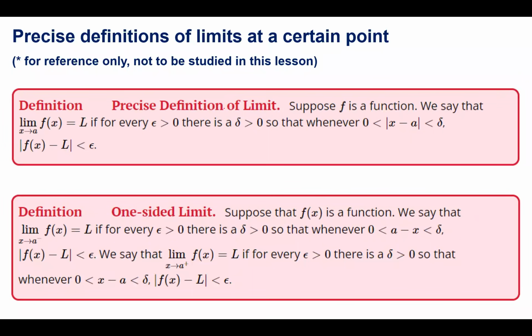Usually we'll use an epsilon and a delta to define sufficiently close. This concept is only for reference. If you are interested, you can check related materials after the class. This is not required for this course, and we're not going to talk too much about this definition here. Only for your reference.